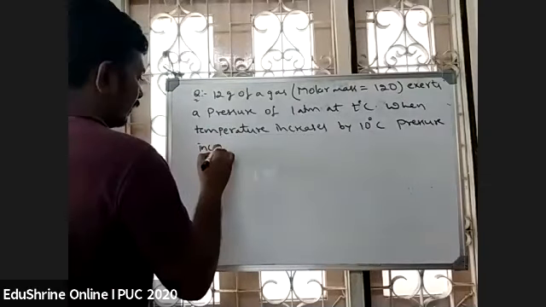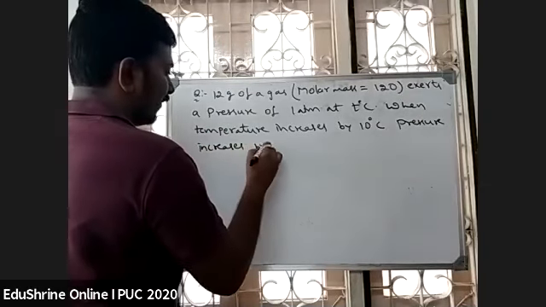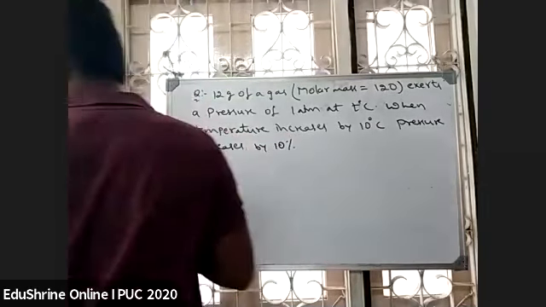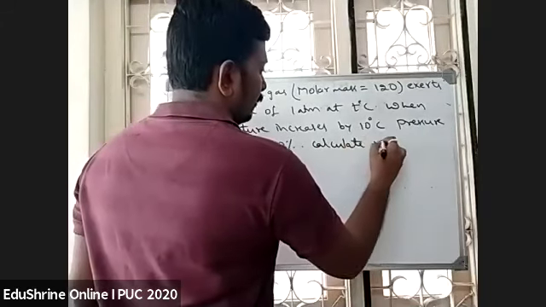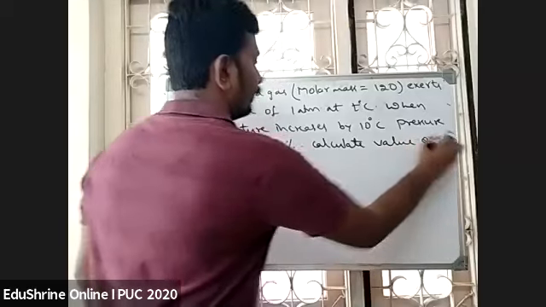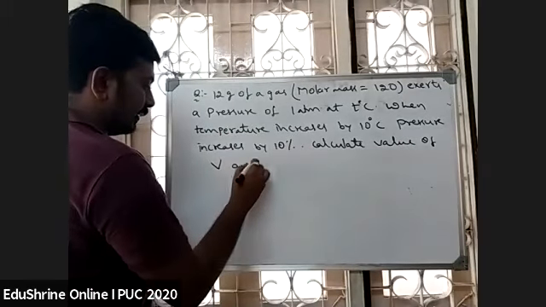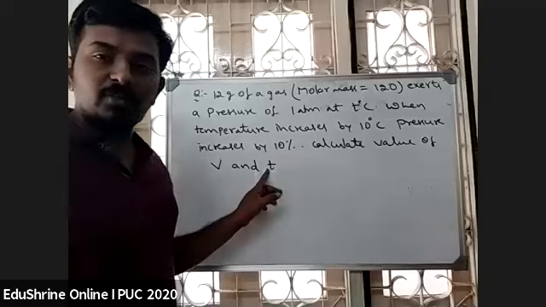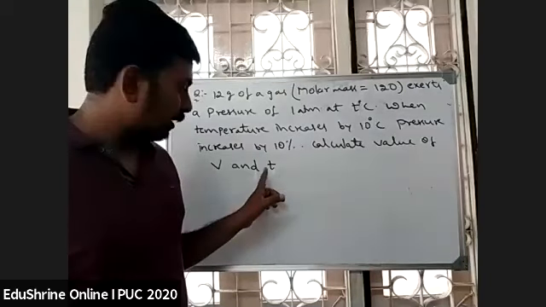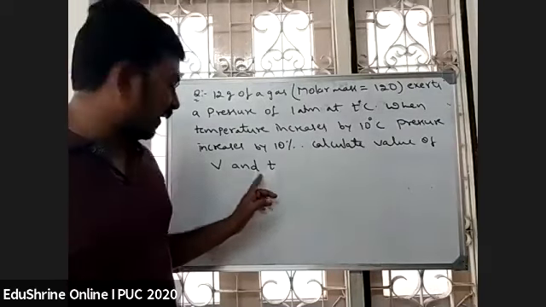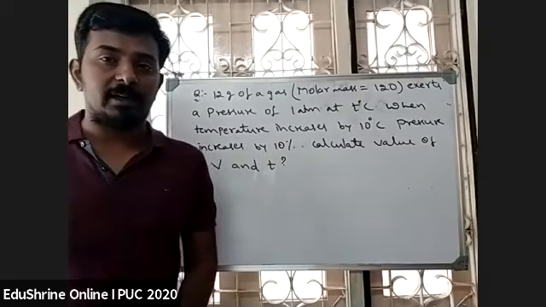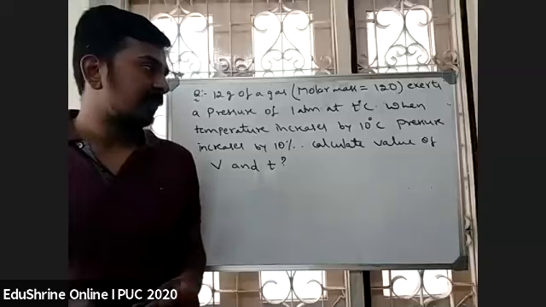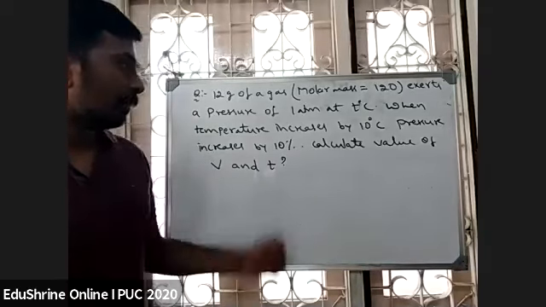Calculate the value of V and t. Whenever I have small t, it will be in degrees centigrade. So I want the value of temperature in degrees centigrade and volume. So two parameters you need to calculate. Think and solve, students. Let me see how many of you will answer.